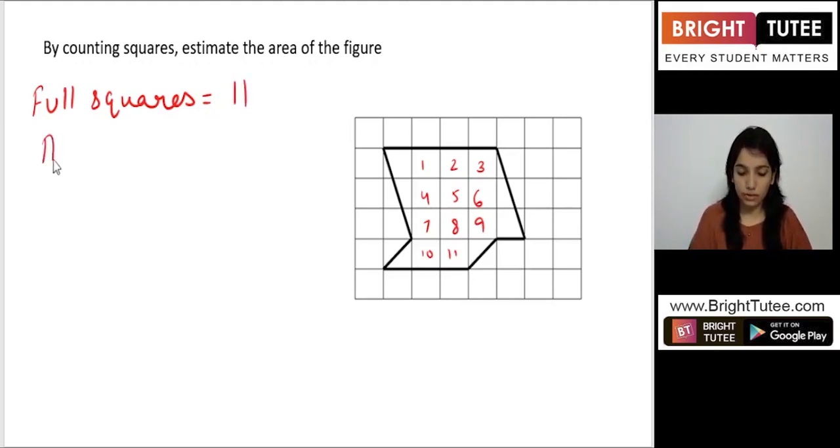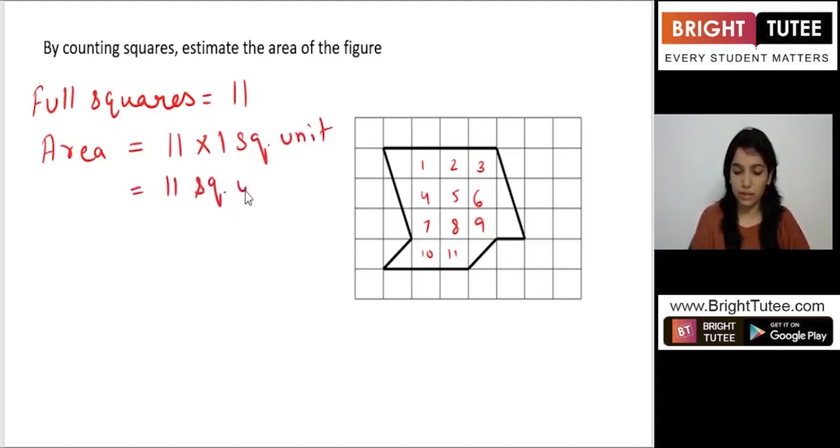Now what is the area for full squares? The area for full squares is 11 times 1 square unit. This gives 11 square units as the answer. Now what do we need to find? We need to find the half squares. Let us find the number of half squares in this particular image.